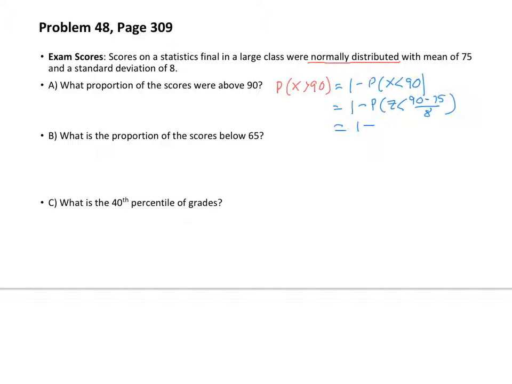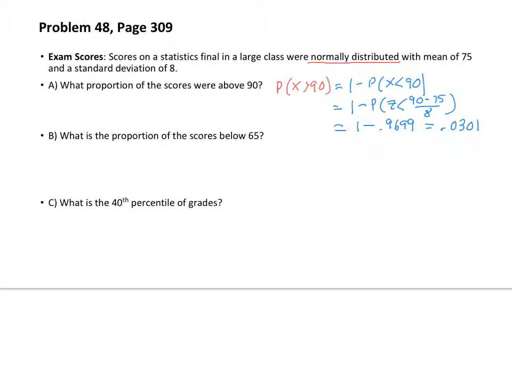We round up to 1.88 and we get 0.9699 from the z table. Okay, and so our probability, the proportion that are above 90, looks to be about 3%, or 0.0301 approximately.